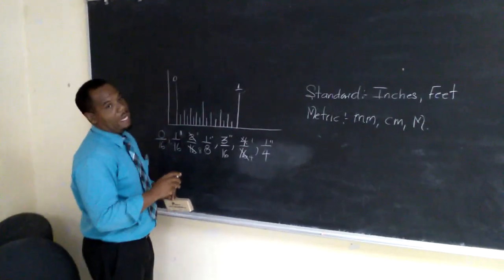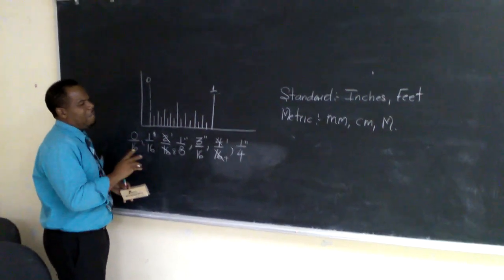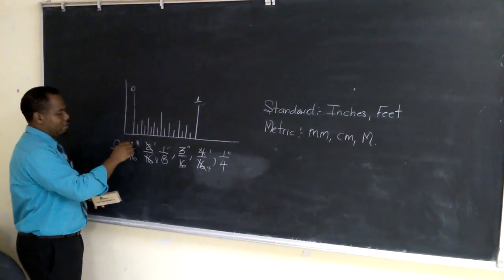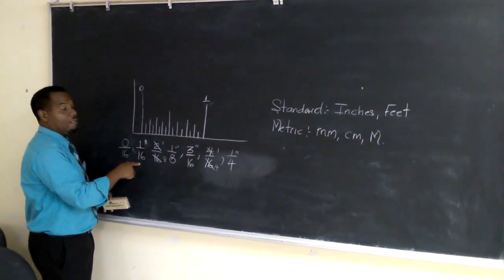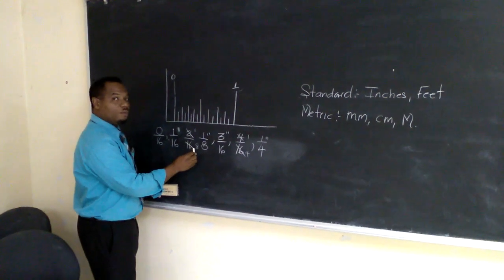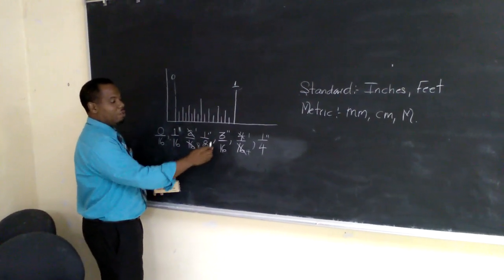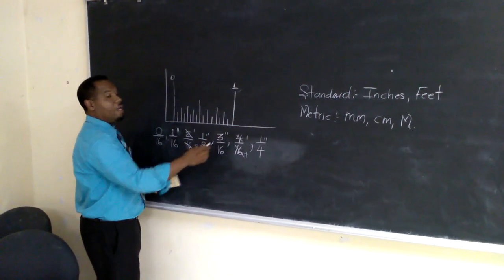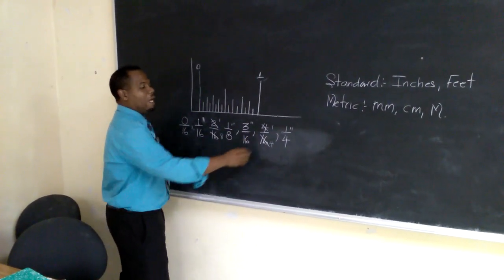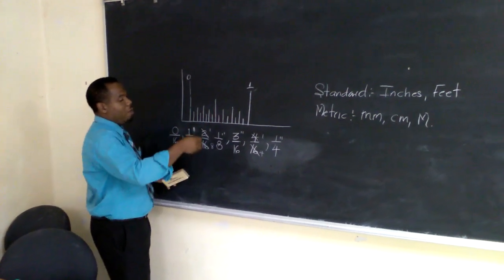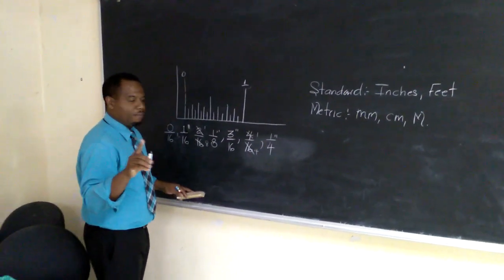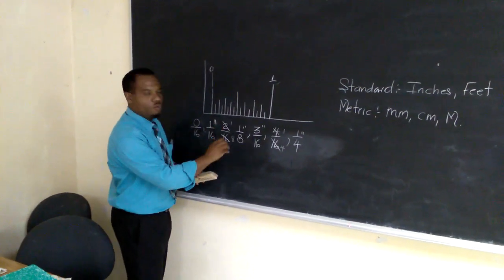We can then recognize that there is something to this pattern, because I started with 1 and realized that the number 1/16 here cannot be broken down. I went on to 2. 2 was broken down. 3 remained. 4 could be broken down. And so when we look at the pattern, we realize that the odd numbers cannot be broken down.